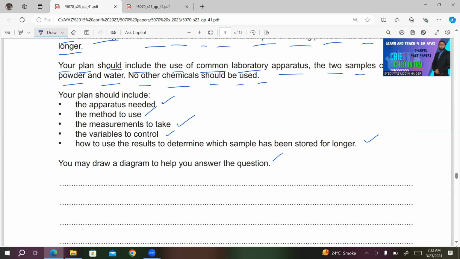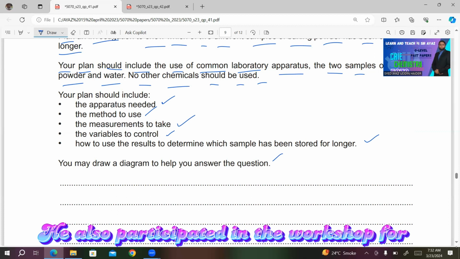Then you will measure the total volume of gas produced when there is no further change, or you will measure the volume of gas produced in a fixed time. The last one is using the result. The sample which produces more gas, which means it has more bubbles, will take less time to turn milky, or is milkier, which means it is stored for less time.